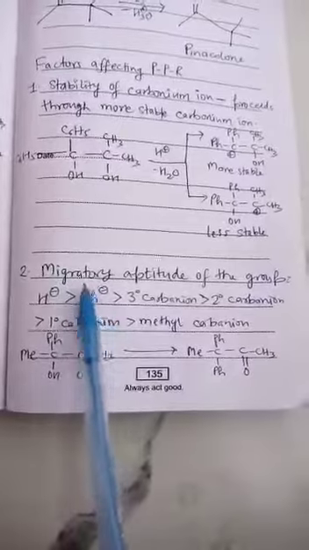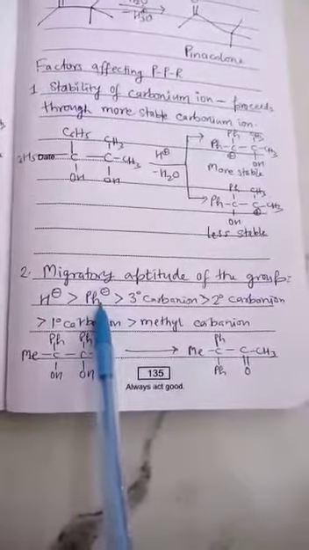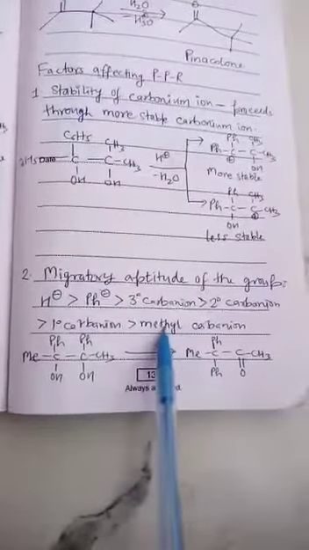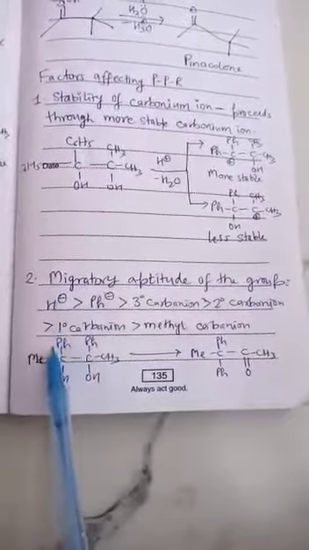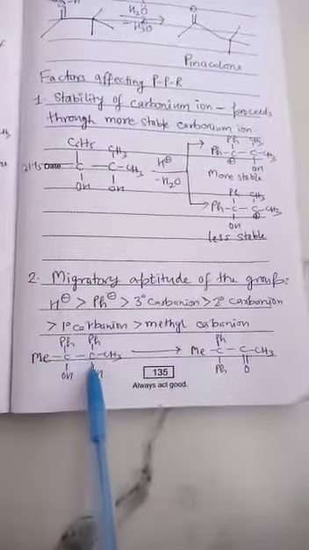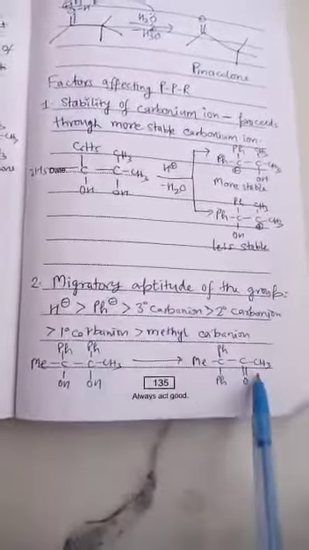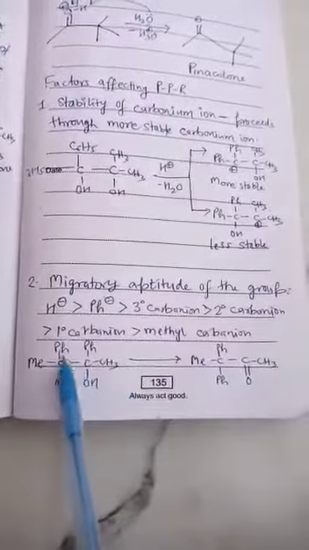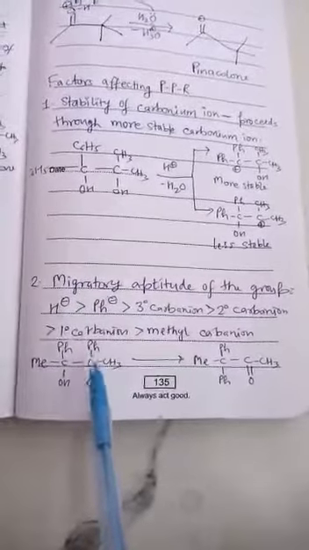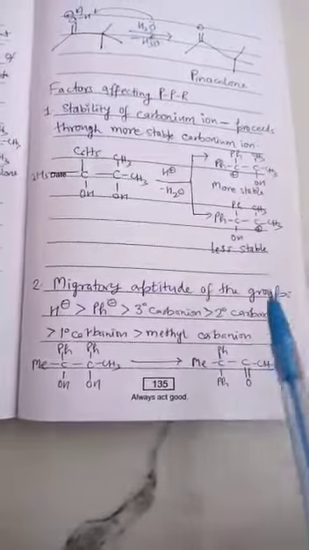In this case, Ph minus migratory aptitude is far larger than methyl carbanion. So Ph along with the bonding pair of electrons will move to this carbon, and this will convert into ketone. You see CH3 CO, and Ph moved here. So Ph CH3, Ph CH3. So the product will be this.